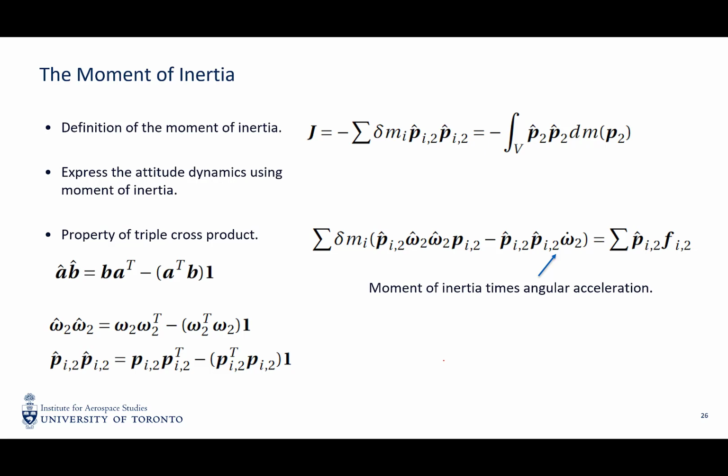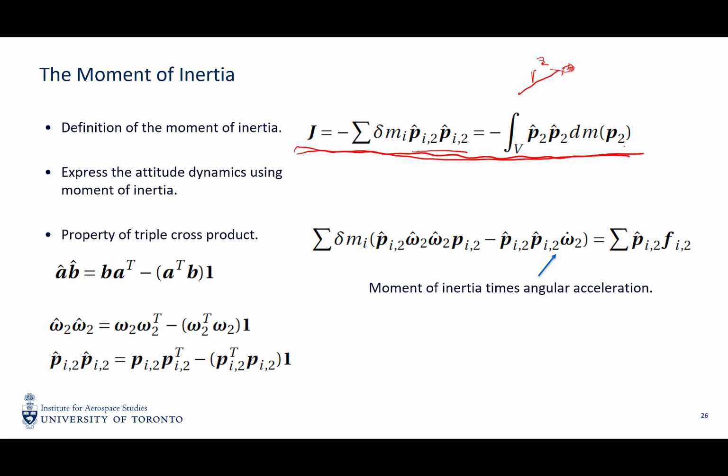Based on some previous knowledge of mechanics, we know that the moment of inertia J is the summation of delta mi times pi2 hat times pi2 hat, which is the squared distance times the mass. So this is the definition of moment of inertia.